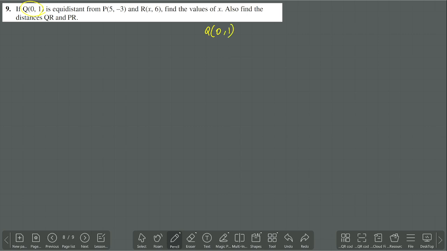0 comma 1 is equidistant. Equidistance means equal distance. The point Q makes equal distance with the point P and the point R. Do you understand?